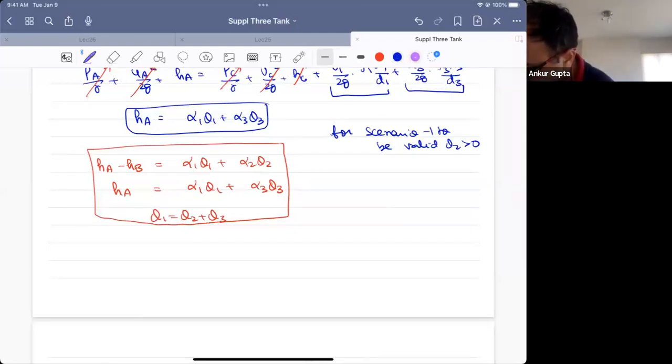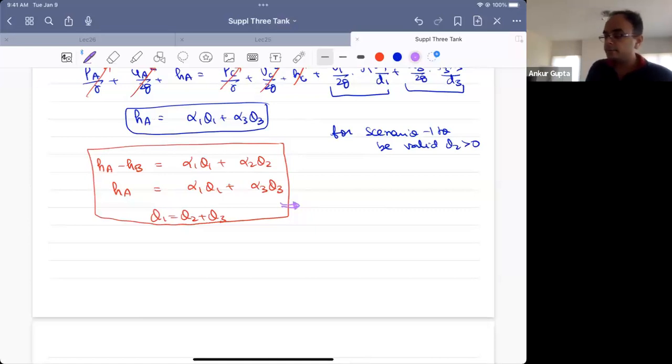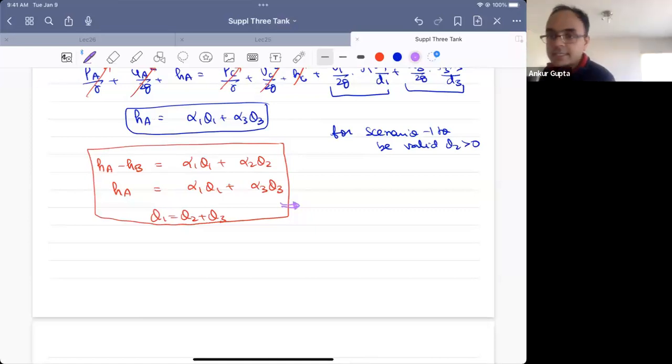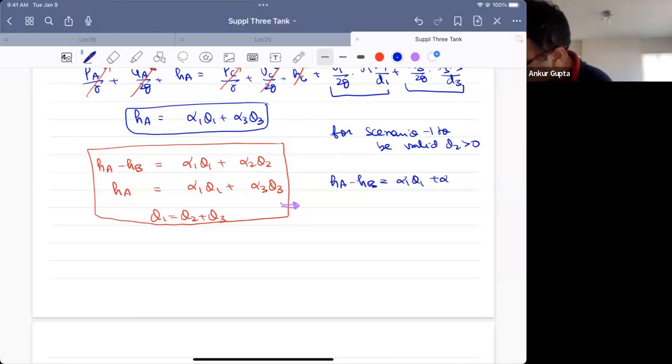So to do that, we can start to eliminate the variables. The first thing I can see is that Q3 I can write in terms of Q1 and Q2. So it's HA minus HB is equal to alpha 1 Q1 plus alpha 2 Q2. And then I have HA is equal to alpha 1 Q1 plus alpha 3 into Q1 minus Q2.